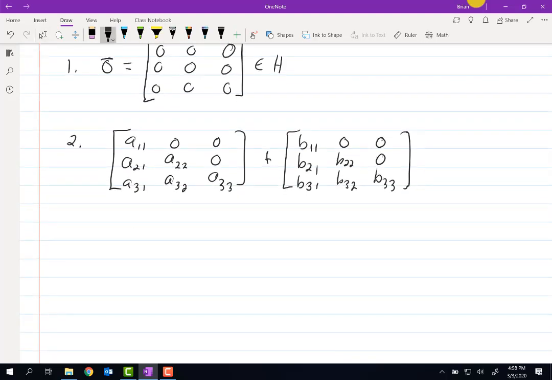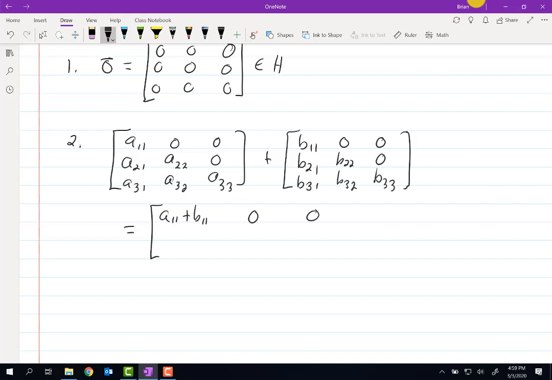When I add them together, I get the following matrix. a11 plus b11, that's in the first entry. The second entry is 0 plus 0. You still get a 0. The third entry here in the first row is still 0. I'm giving myself space for all the additions I might be doing.